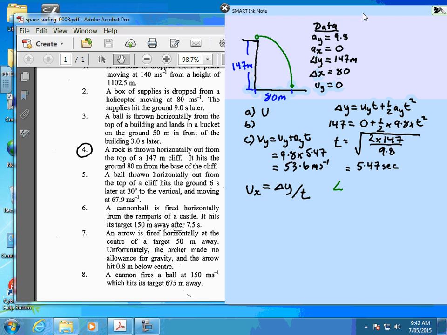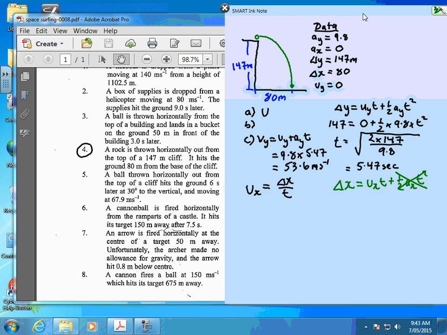Forgive me, I've just put the wrong symbol in that. It should be delta x on t. The way I got that was delta x equals uxt plus a half axt squared. But of course, that bit there, because ax is 0, comes out, and then I've just rearranged that to get that.